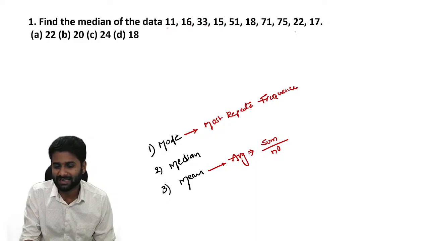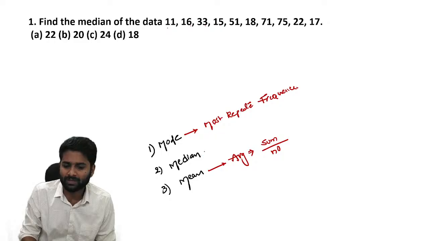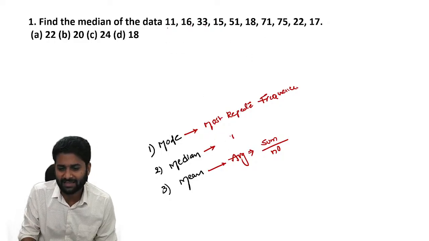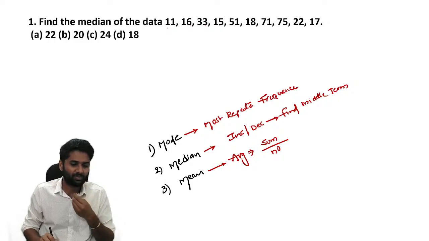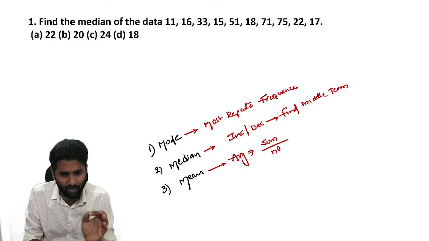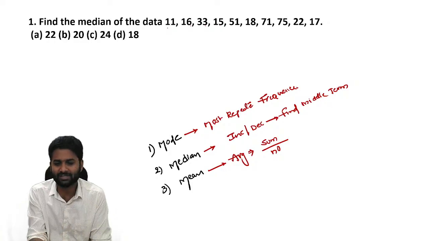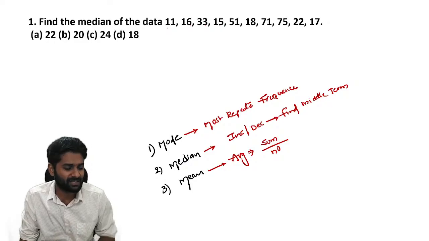Here you can't see any number which is repeated, so each and every number is a mode. What about the median? Whenever you observe this kind of series, arrange it in increasing or decreasing order and find the middle term. So these are the three important differences. Mean is the average. Median is arranging all the numbers in increasing or decreasing order and then finding the middle term. And the mode is the most repeated frequency.